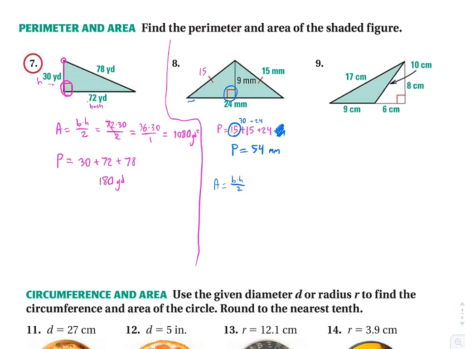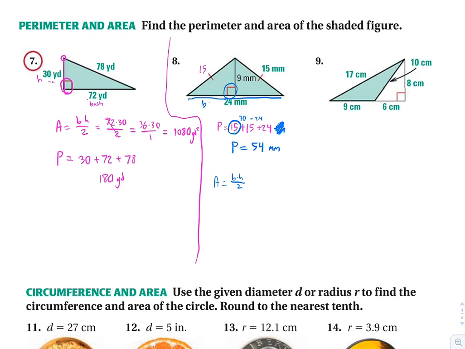So that means that this must be my base. And the perpendicular to it, going from the furthest point perpendicular to the base, would be my height. So this would be 24 times 9 divided by 2. I'm going to cancel these first. And this is 12 times 9, or the area is 108 square millimeters.